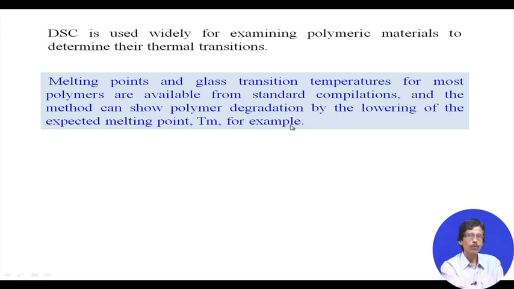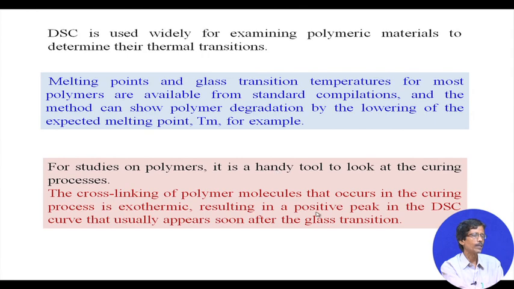So we can have a new process of making the polymer such that we get a new parameter, that means the Tm value can be lower, so the process development can also benefit from your DSC measurements. Then, for studies of polymers, it is a handy tool to look at curing processes.